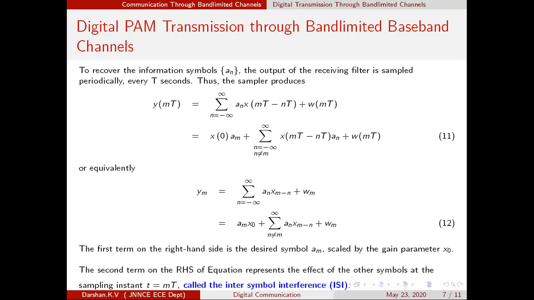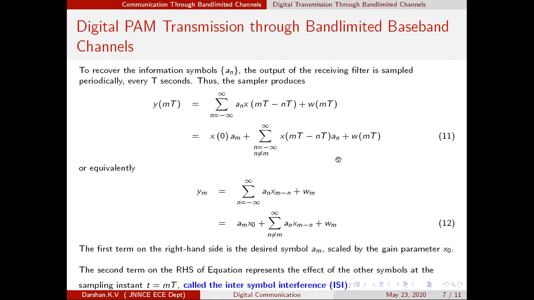Or simply, if you want to understand the concept, at the mth instant or mth sample, you are working at the receiver. Remember, when you get the mth sample, what is present in it? The desired symbol, yes, that is true, but along with the desired symbol, you are having the other, unwanted symbols also.